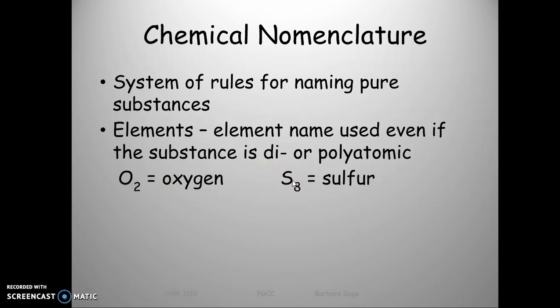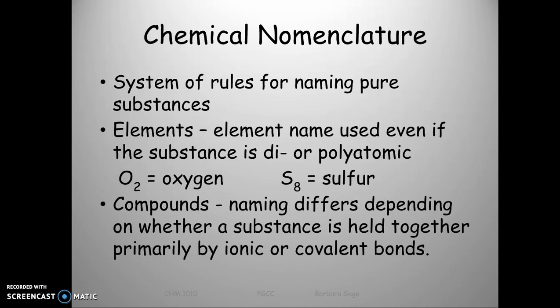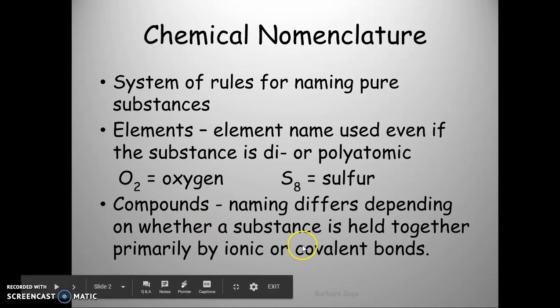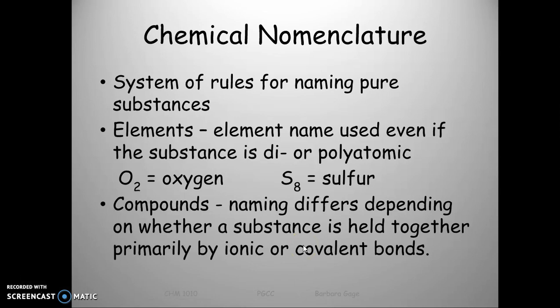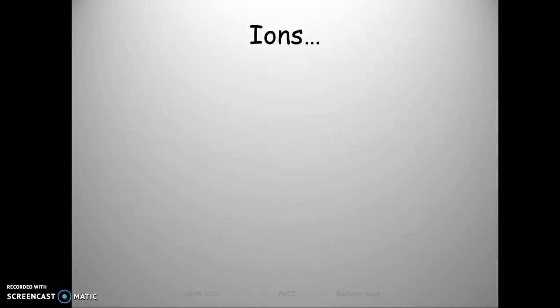So rule number 1, if it is an element by itself, meaning there's no other elements with it, no hydrogen, no sodium, no chlorine, just the element by itself, use the element name. Again, compounds will vary on their naming depending if it is an ionic or a covalent bond. So now that you know the difference between ionic and covalent, we can go name some compounds.